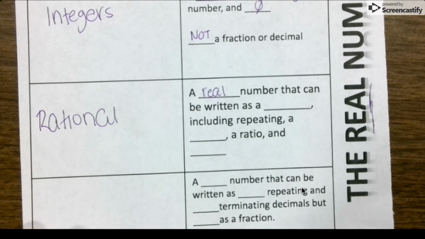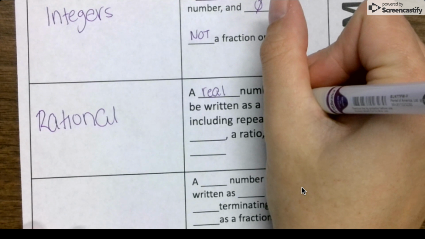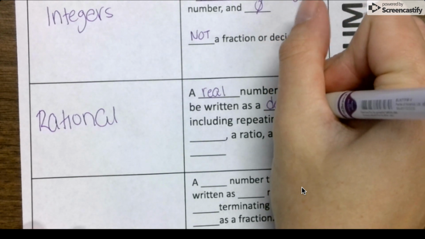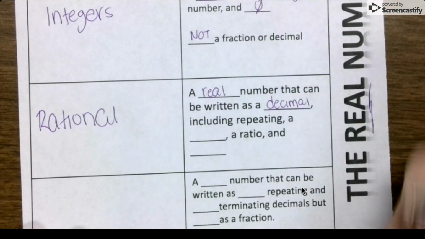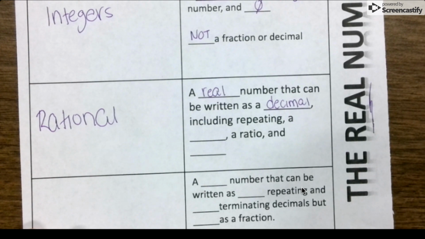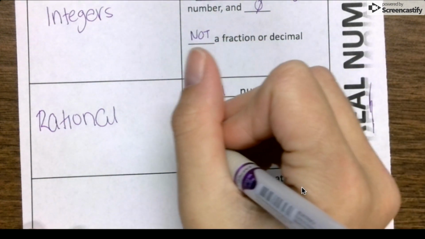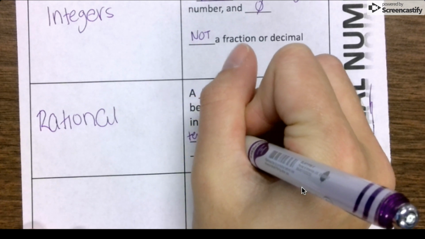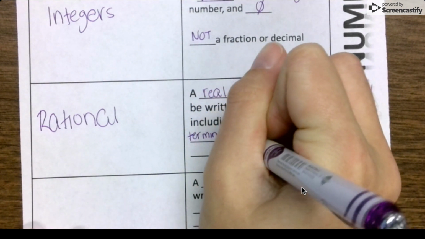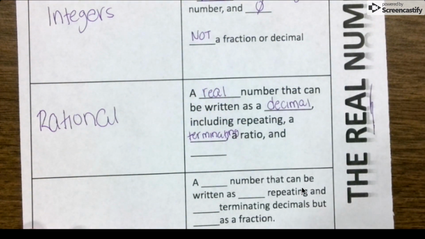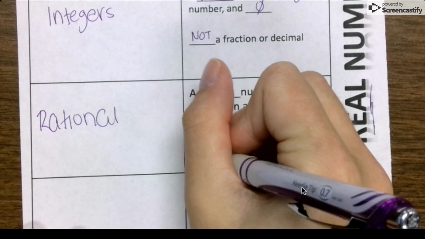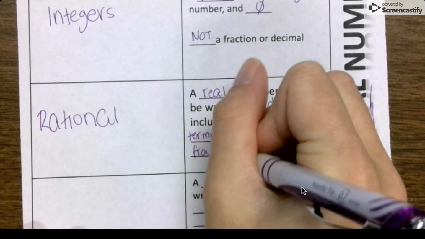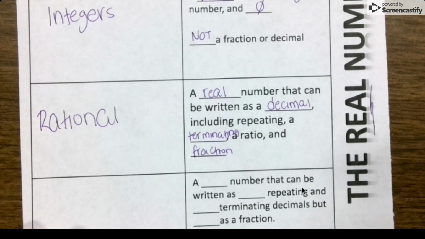They can be written as a decimal that is repeating, or it could be terminating, a ratio, or a fraction.